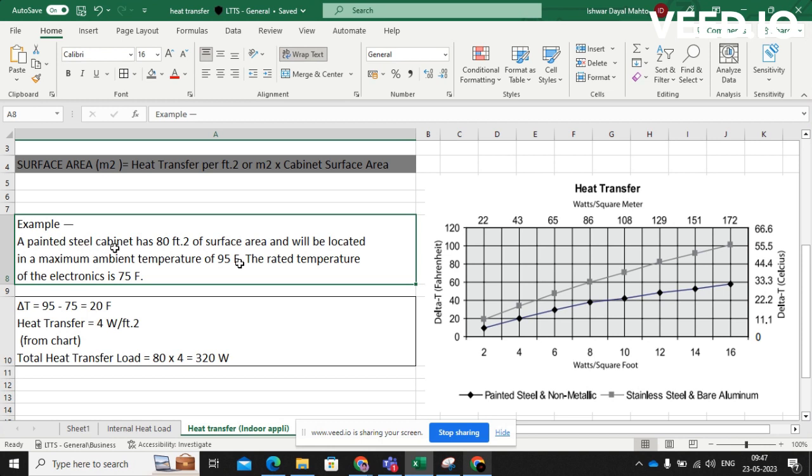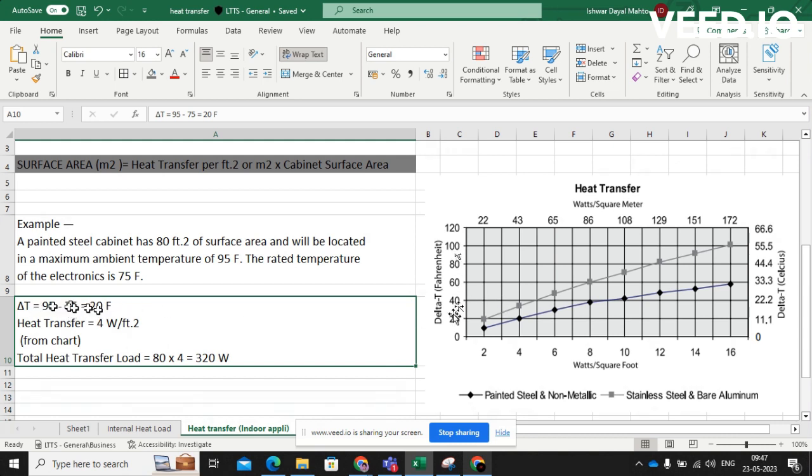A painted steel cabinet has 80 square feet of surface area and will be located in a maximum ambient temperature of 95 Fahrenheit. The rated temperature of the electronics is 75 Fahrenheit. So first we need to figure out the delta, the temperature difference. We are getting a delta temperature difference of 20 degrees Fahrenheit.